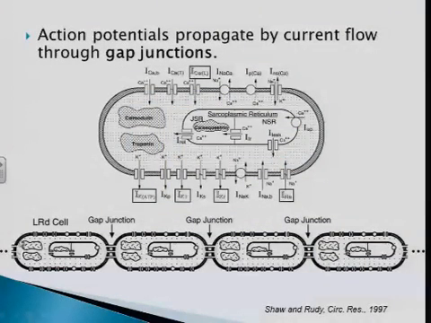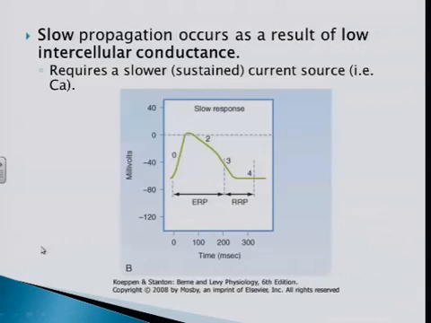If this is being brought up slowly to its threshold, it's not really good to use the sodium current to excite it slowly, because the sodium current is going to turn on, turn off. And so the calcium current provides a slower current. It's inward, it's a small amount of current, but it turns off much more slowly. So it can provide that inward current to depolarize the next cell over a much longer period of time.